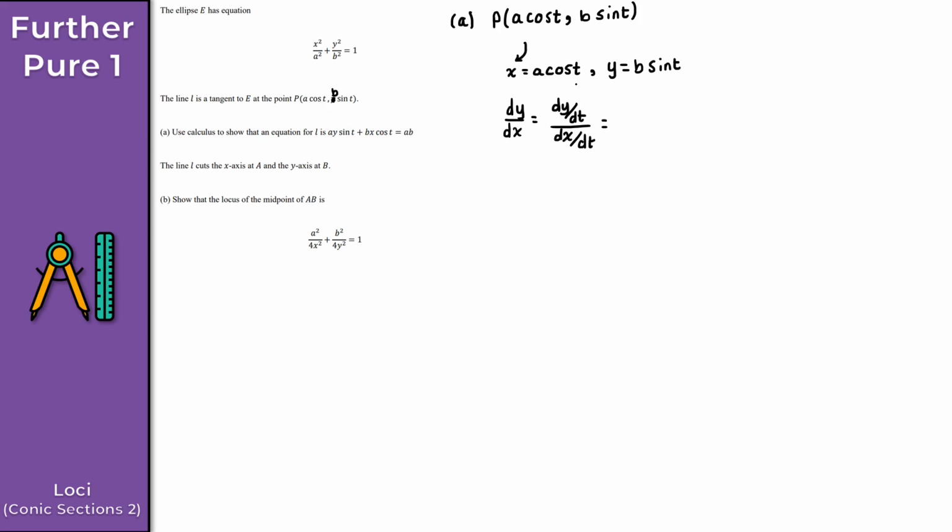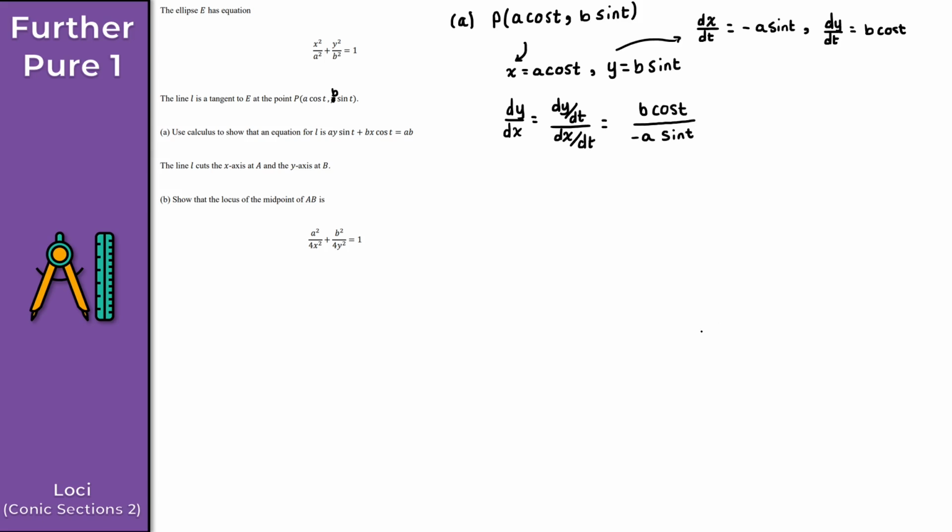If x is equal to A cos t, then dx by dt is simply minus A sin t. And dy by dt, nice and straightforward, is B cos t. So we get B cos t all over minus A sin t.